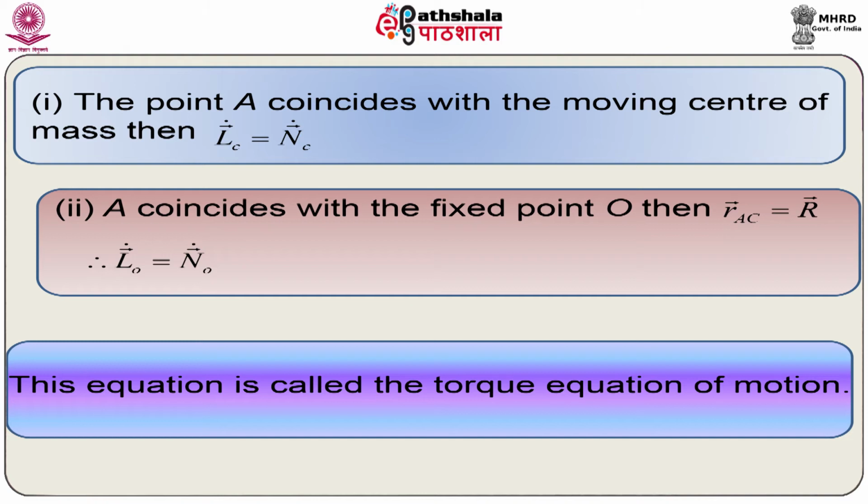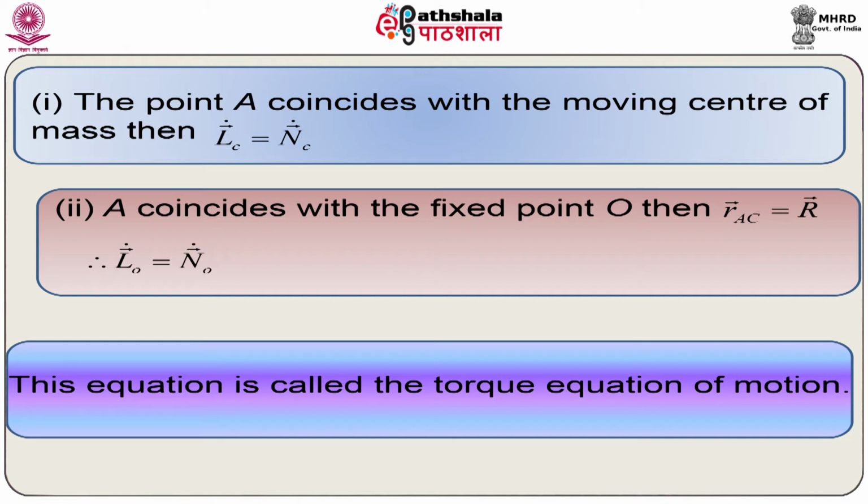Number 2, when capital A coincides with the fixed point O, then R vector AC equals capital R vector. Hence, the first term in the equation 9.2 vanishes, which gives this one.